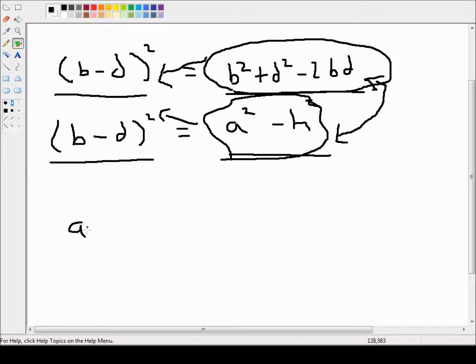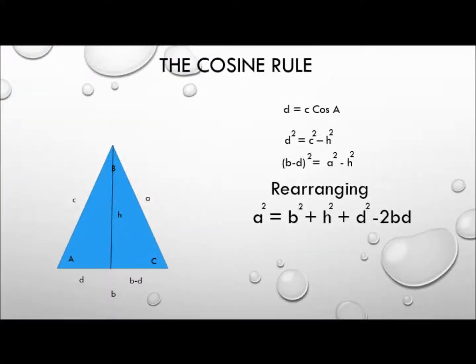So a squared minus h squared is equal to b squared plus d squared minus 2bd. And if we rearrange that, we can get a squared is equal to b squared plus h squared plus d squared minus 2bd.